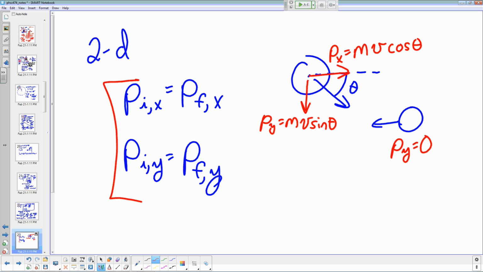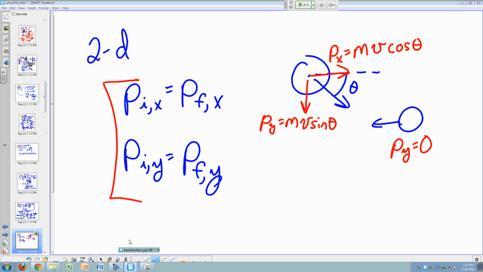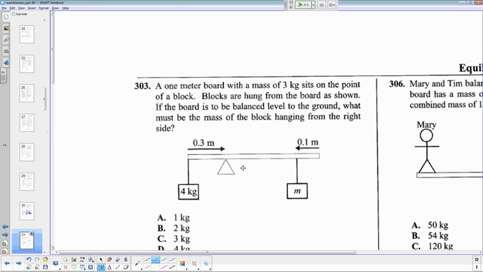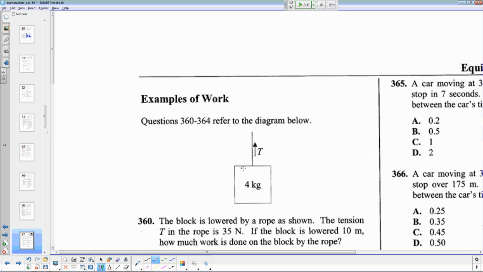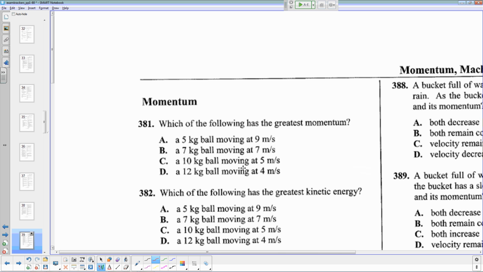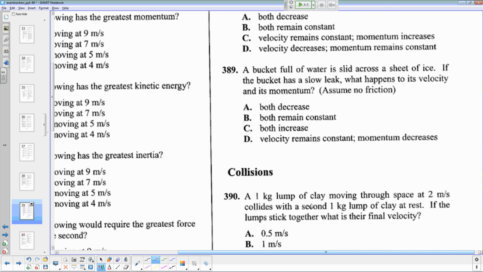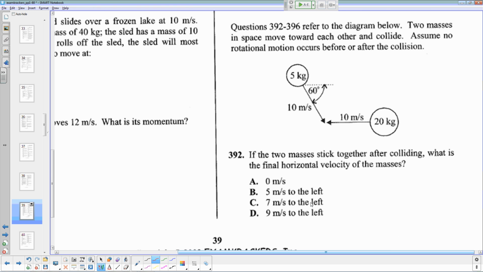Let's try a problem. This is in the exam crackers business, number 392 that I sent you. Let me pull that up. Here I have a 2D collision.